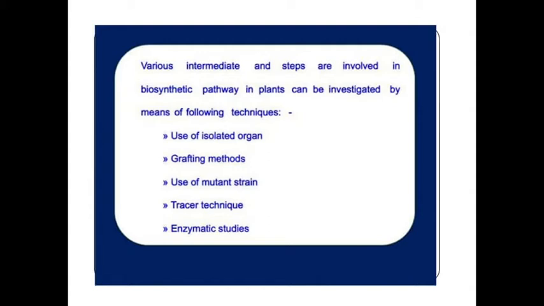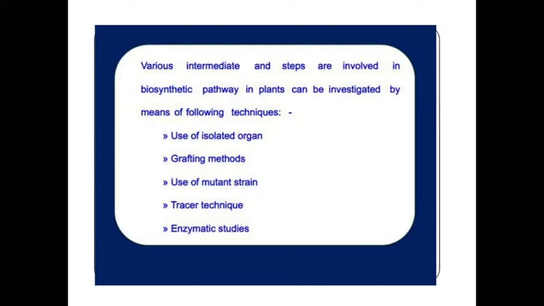For that reason, we must know which part of the plant is going to biosynthesize that particular secondary metabolite, and for that there are various intermediate steps involved in the biosynthetic pathway that can be investigated by the following techniques. First one is use of isolated organ grafting method.